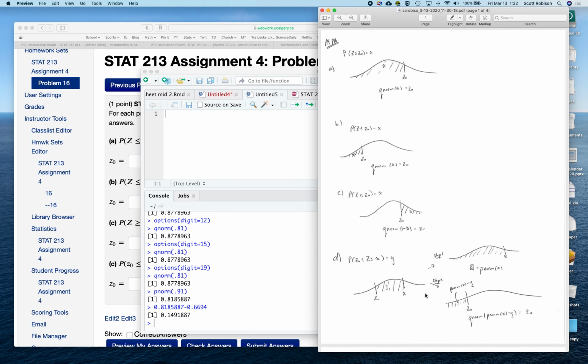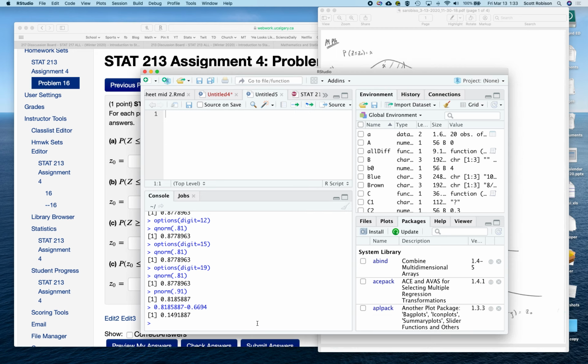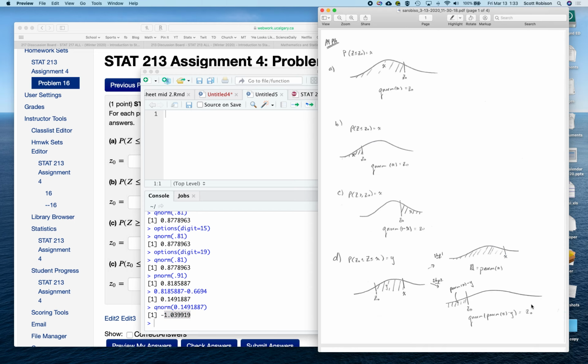Okay, so in this case, this little tail area must be the cumulative area minus the area that I was given originally in the question. At this point, I now have an area given to me, and I can, in fact, find out what the value is by using, again, the qnorm command of here, the difference between the cumulative area and the area that I was given, finally giving me the value for the z that I'm looking for.